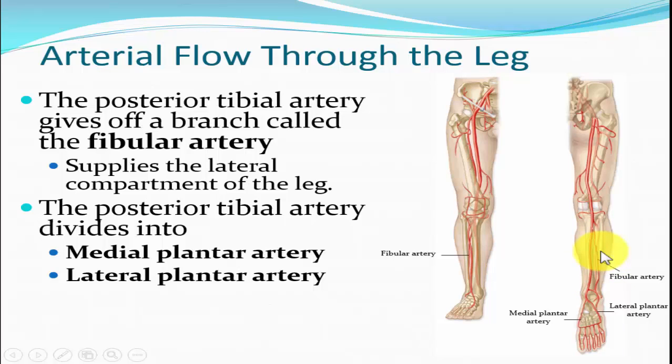Remember, the lateral compartment has muscles like fibularis longus and fibularis brevis. So if you don't know which artery supplies blood to these muscles, you do now know. So the fibular artery controls the lateral compartment, the anterior tibial artery controls the anterior compartment, and the posterior tibial artery controls the posterior compartment.